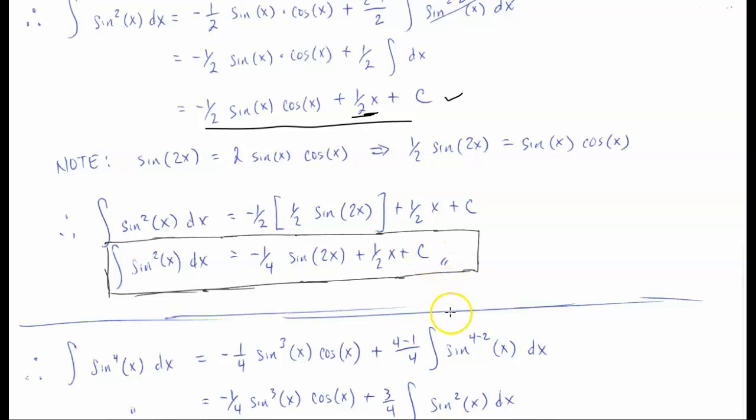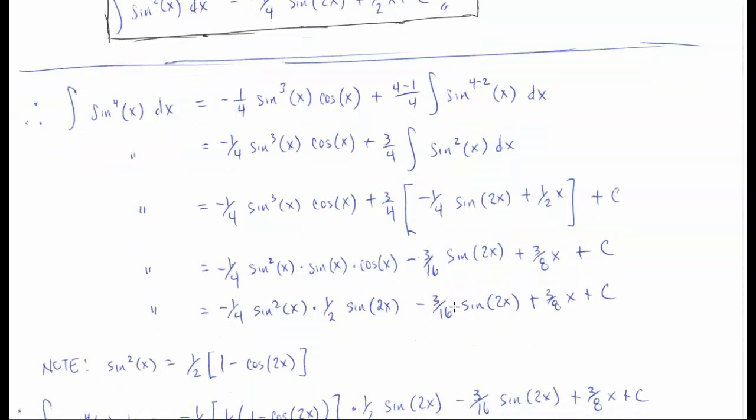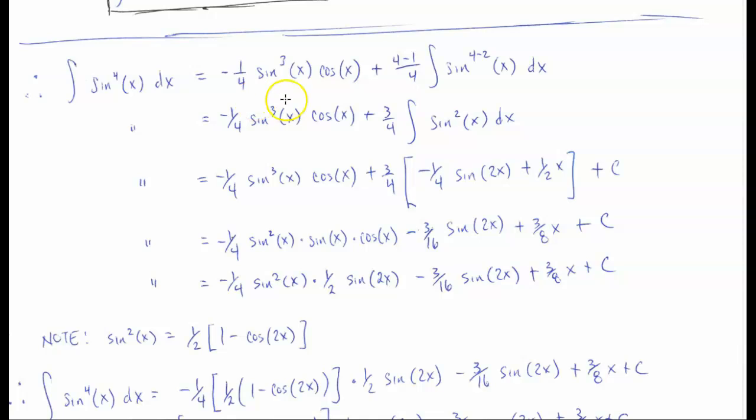Now, if we use sine raised to the 4th, we have a little bit more work to do because we have to use this formula twice. Here, since n is 4, we have 1 over n sine raised to the n minus 1 times cosine of x, and then n minus 1 over n times the integral of sine to the n minus 2.